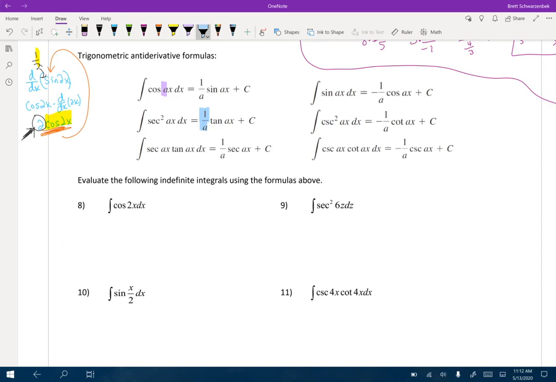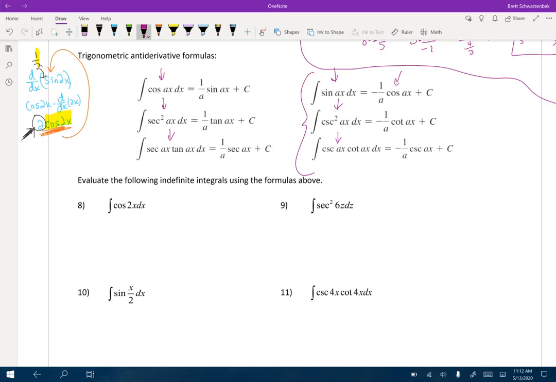You'll notice that the left side of all of these are the derivatives of the trig functions, with the exception of these guys, where the derivatives would have a negative sign. For example, the derivative of cosine is negative sine. The derivative of cotangent is negative cosecant squared.